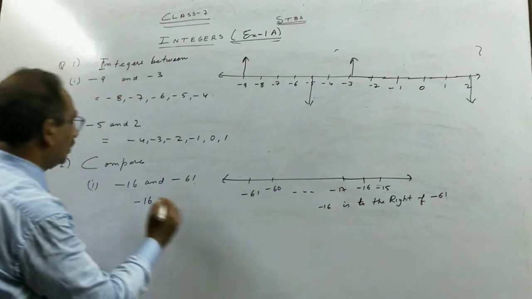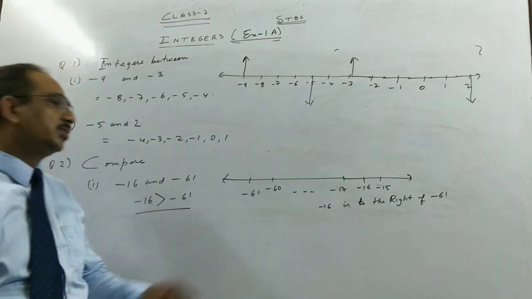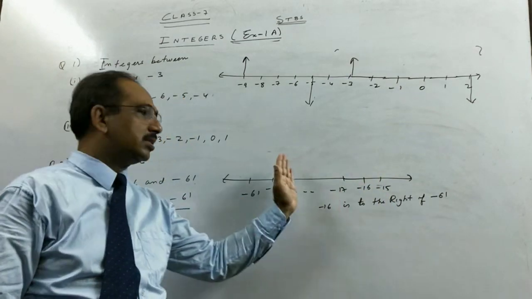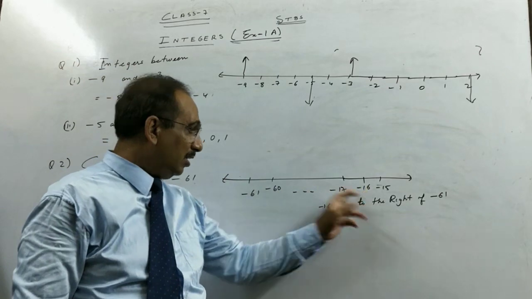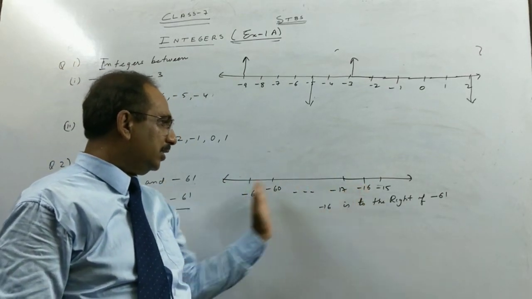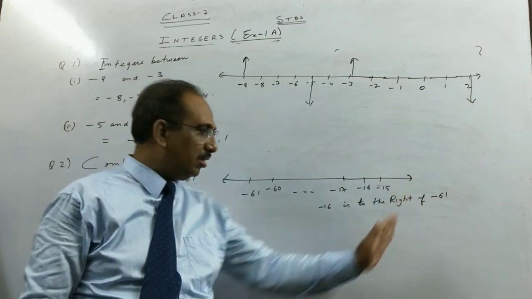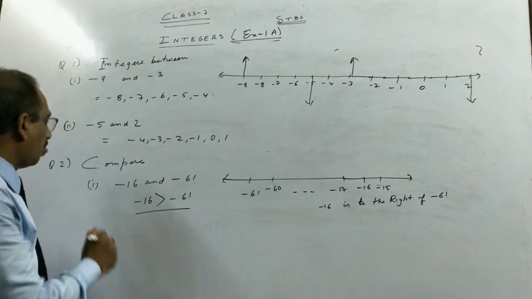The one which is towards the right is bigger than the one which is towards the left. So you draw a number line with 0 and the numbers less than 0. This is to the left, minus 16 is to the right, so the right side is bigger. So minus 16 is bigger; the left side is smaller.